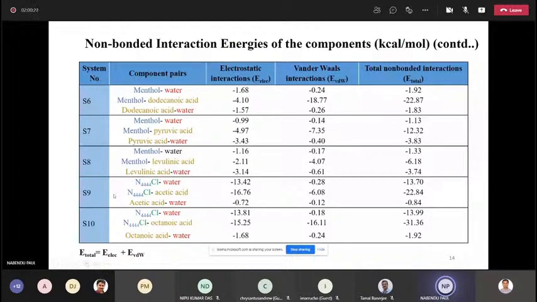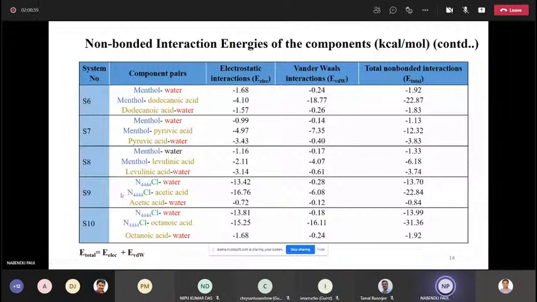When we come to systems S9 and S10, containing tetrabutylammonium chloride with acetic acid as HBD, whereas octanoic acid is the other HBD, here the HBA is the same for both.